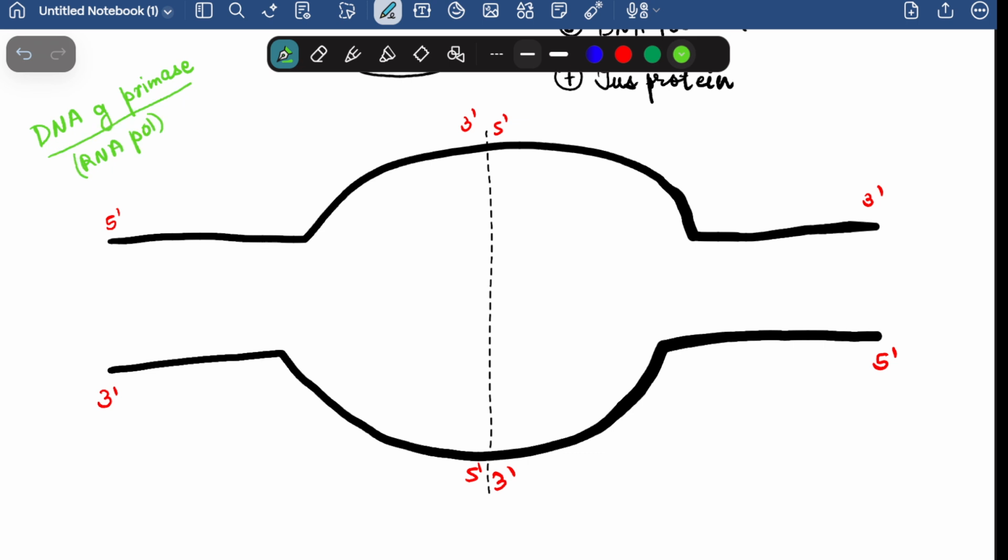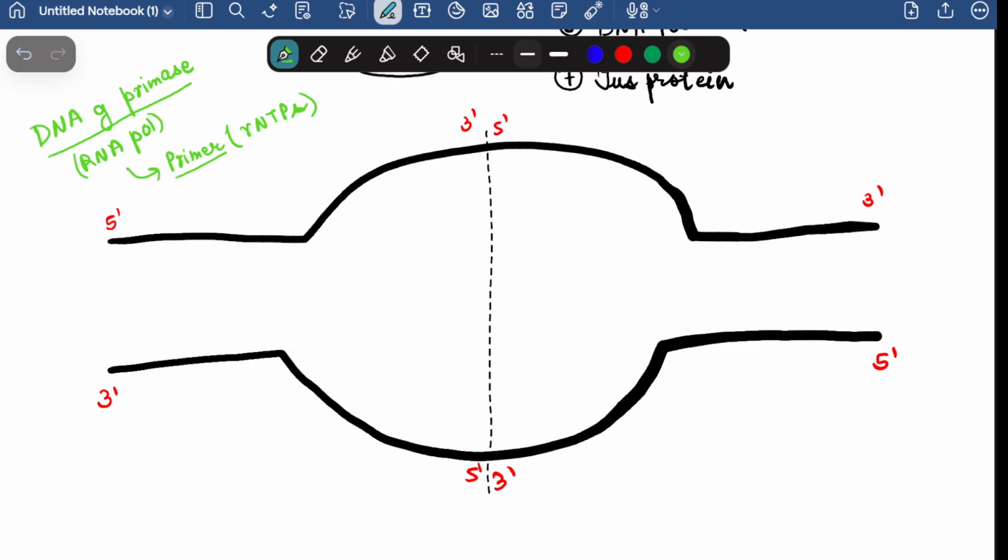Please remember, its functioning is very similar to RNA polymerase. So when it makes the primer it will have the RNTPs rather than DNTPs. These RNTPs will be incorporated in the primer because of DNA G primase.